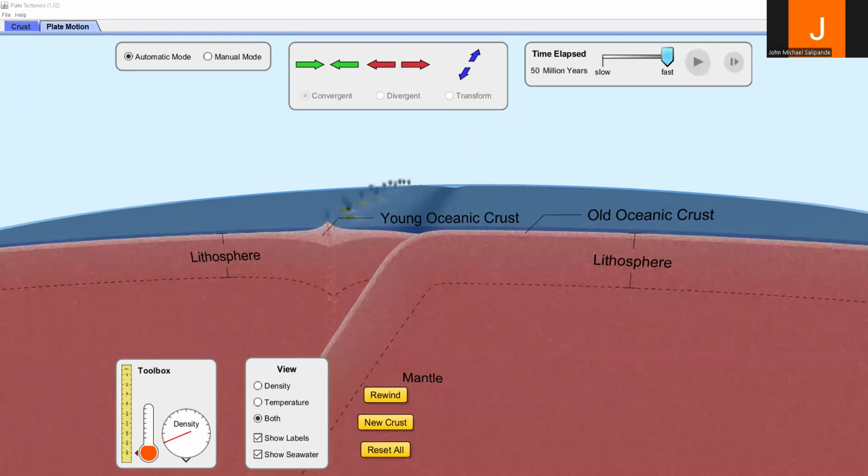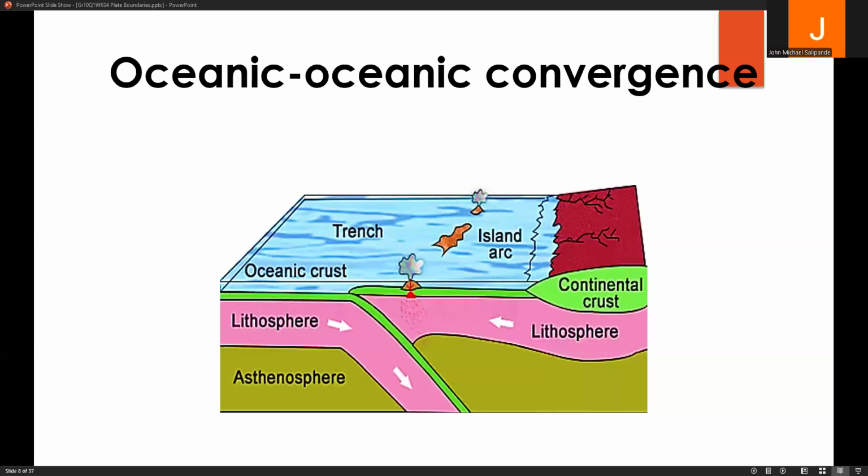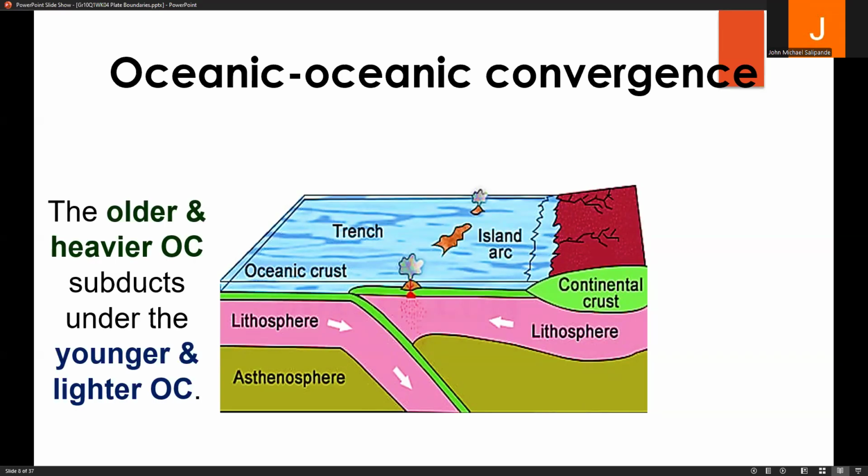All right. So compared to continental convergence, in oceanic convergence, you see at least one oceanic crust subducting under the other. And that subducting oceanic crust is the older and heavier oceanic crust. So remember, everything that sinks, everything that goes down is heavier or denser.